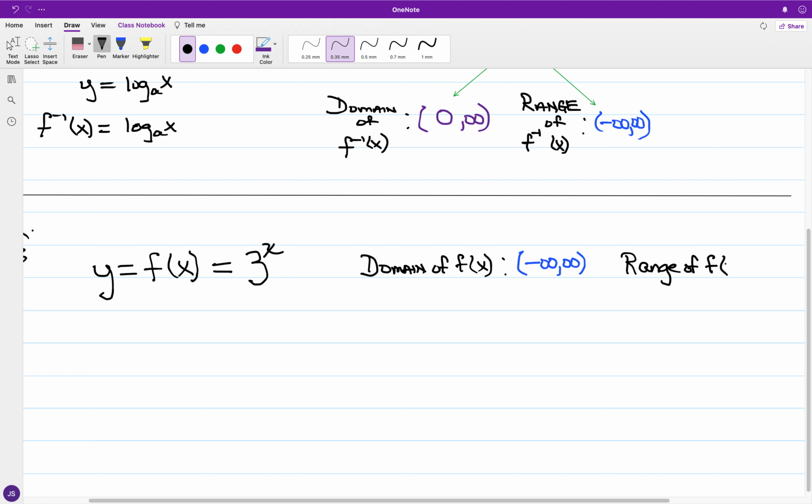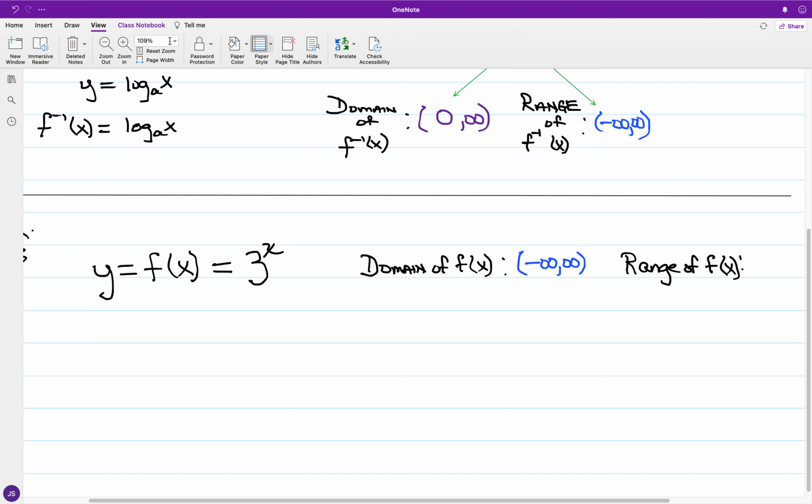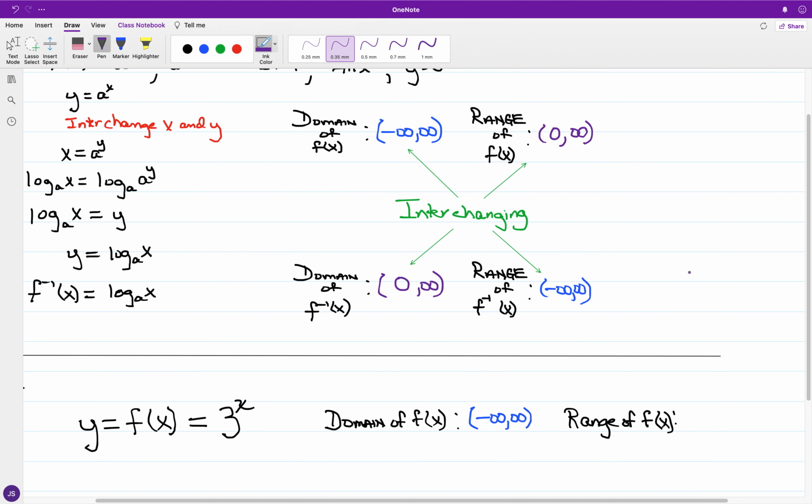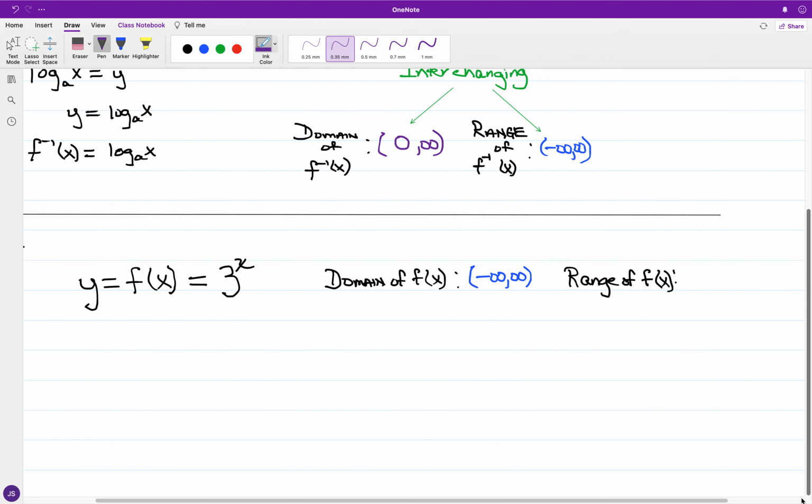So for the range of f of x, this will be positive values in y.